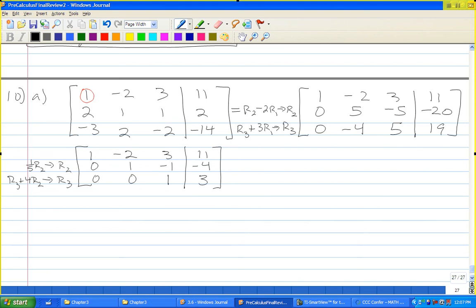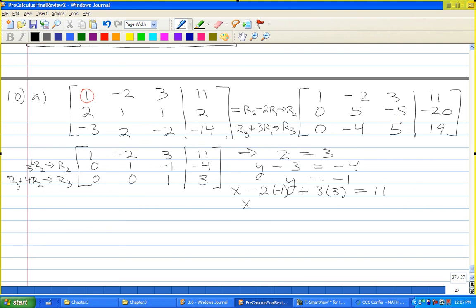Okay, so now let's back substitute. So I have that z is equal to 3. I have that y minus z is negative 4, so y equals negative 1. And lastly, I have that x minus 2y plus 3z is 11.